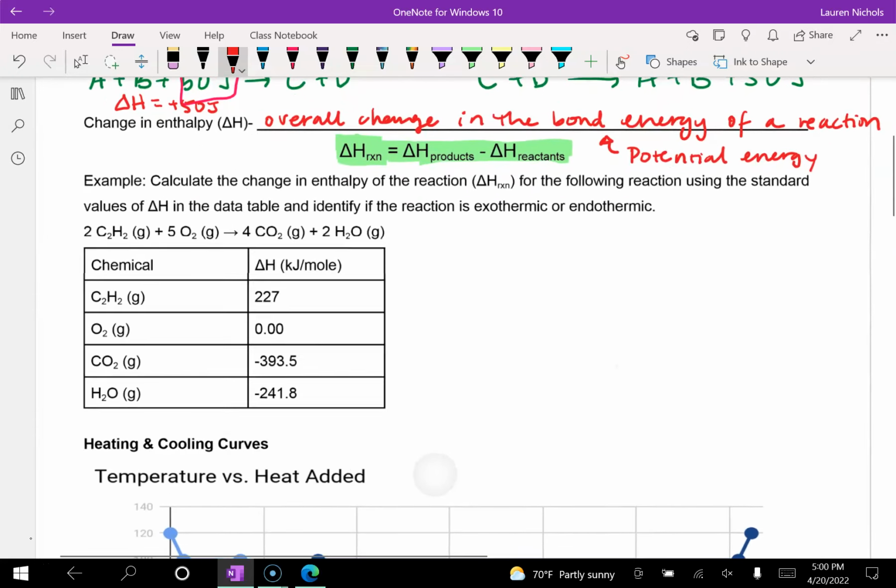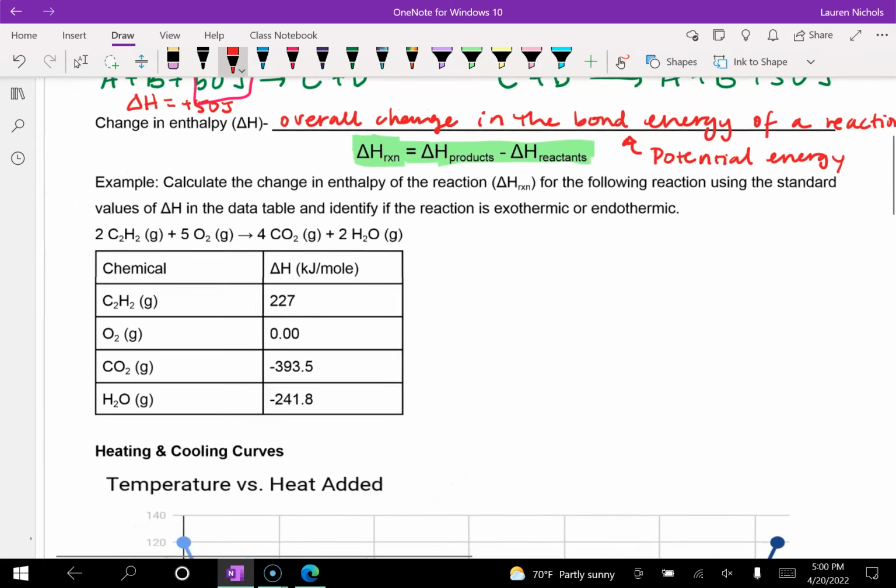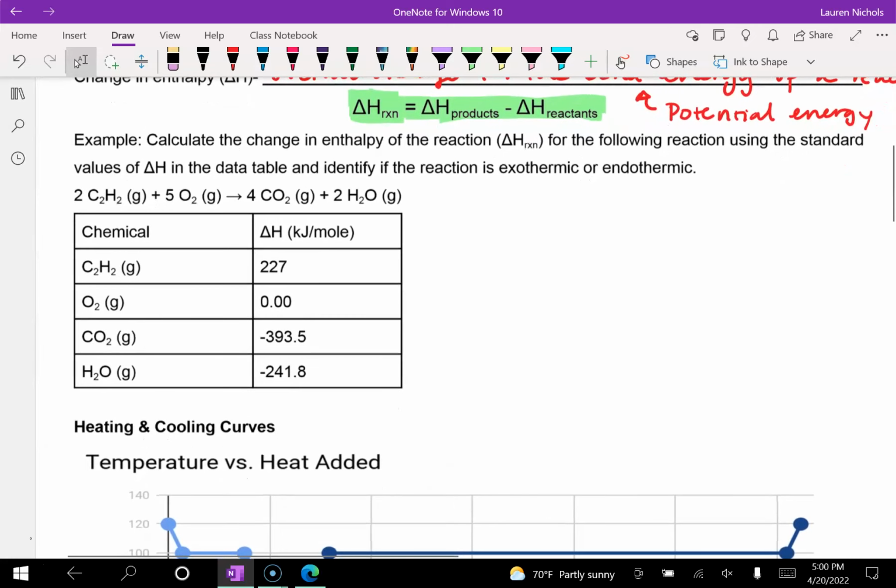So we've looked at this with the endothermic and exothermic graphs, but you can also see that data through a chemical reaction if you're given standard values of delta H. These values for delta H are in kilojoules per mole, and these numbers all come from a reference book. So these are just known values that would have to be given to you for this sort of thing.